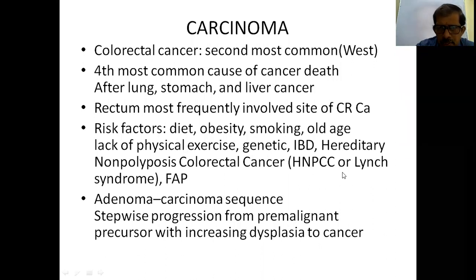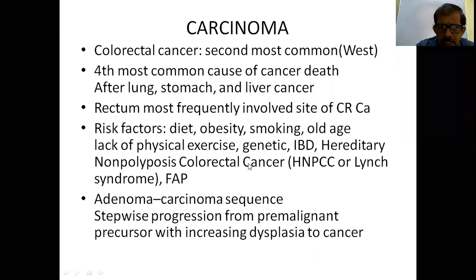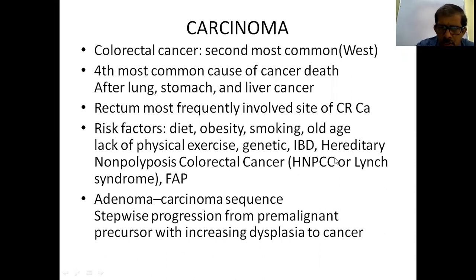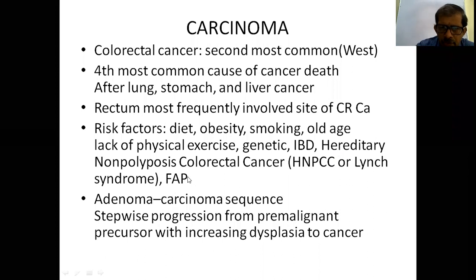So there is what is called hereditary non-polyposis colorectal cancer, HNPCC, or the so-called Lynch syndrome, in which carcinoma of the rectum is fairly frequent. So is FAP also, that is familial adenomatous polyposis, wherein in FAP we will do prophylactic colectomy also.